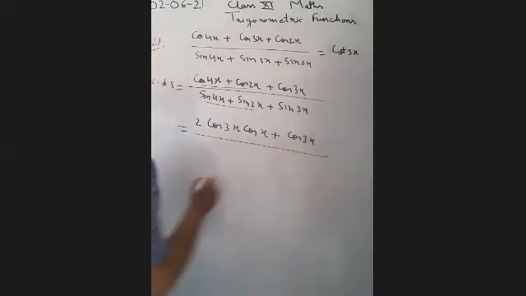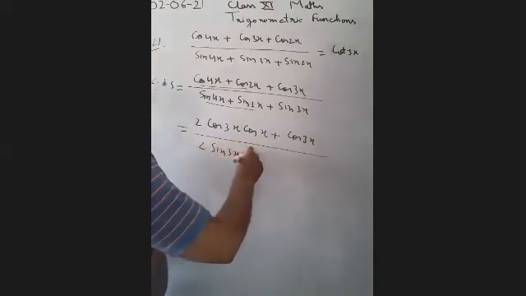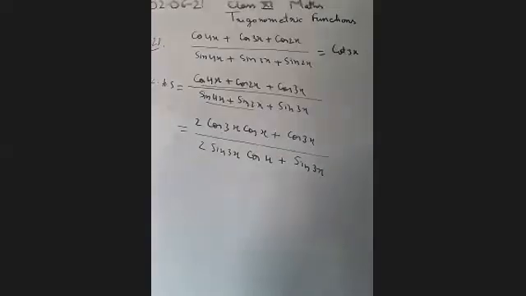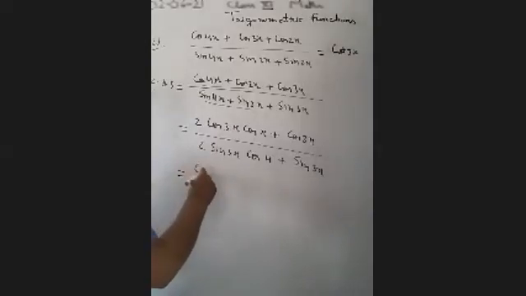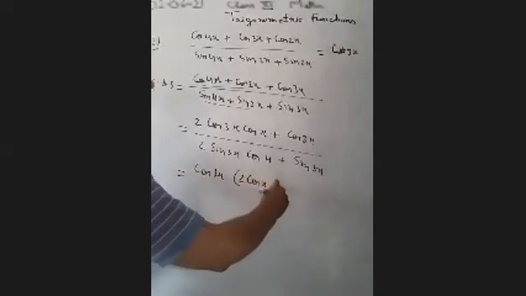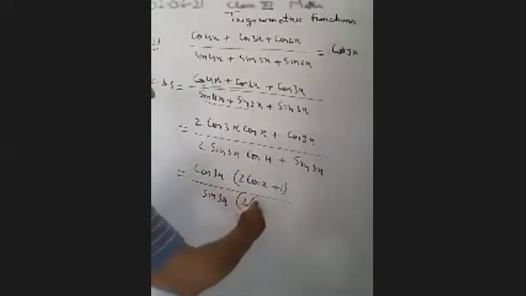In the denominator we get 2 sin 3x cos x plus sin 3x. Taking common, cos 3x in the numerator gives cos 3x times (2 cos x plus 1), and taking sin 3x common in the denominator gives sin 3x times (2 cos x plus 1).